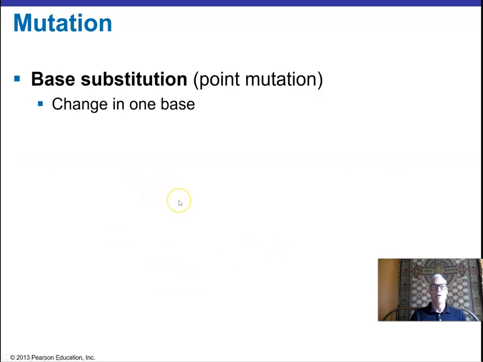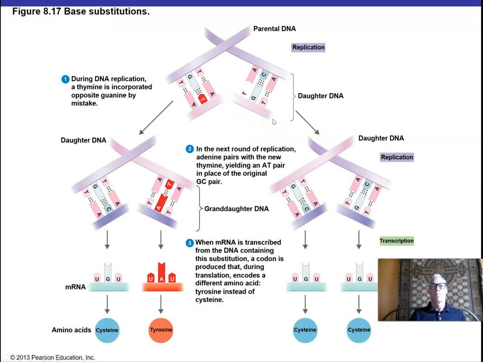Spontaneous mutations occur at a certain rate, but there are different things that can go wrong in terms of types of mutations. A base substitution is one in which there's one change in a nucleotide base in the genome at the DNA level. That's called a point mutation.